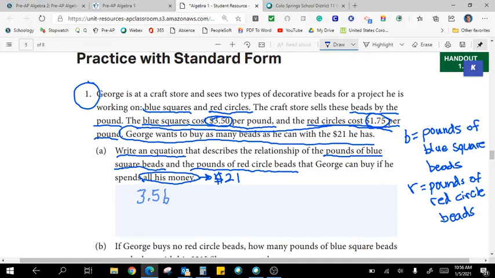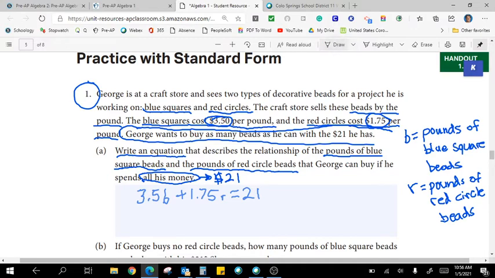So 3.5 times the number of pounds of blue square beads. Now to add that to the red circle beads, it's $1.75 per pound, so we write 1.75 times the other variable, R. And that's going to equal the $21 that George has to spend.